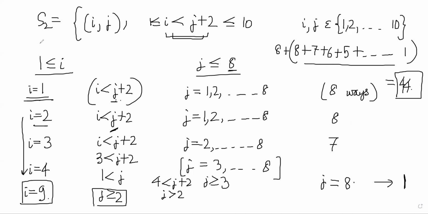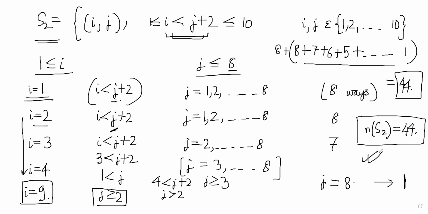So the number of ways to select ordered pairs for set S2 is 44. And we have basically shown how to do this, right? So that ends our question. We have discussed all the possibilities and we are getting an idea of how to count the cardinalities of all of those sets, right?